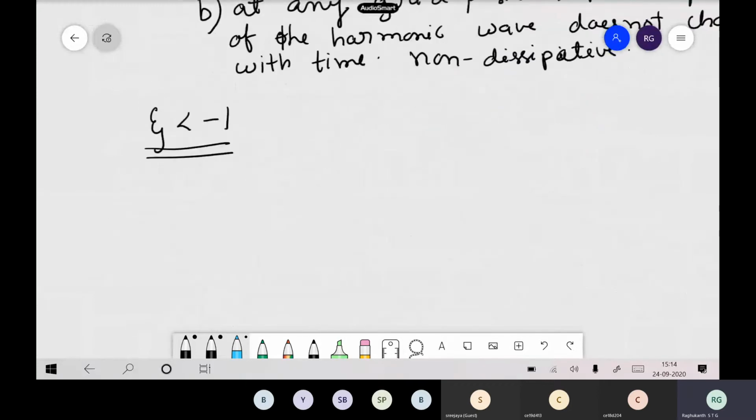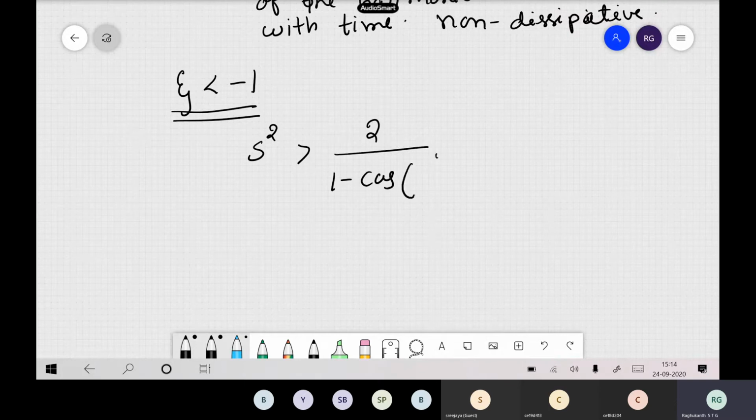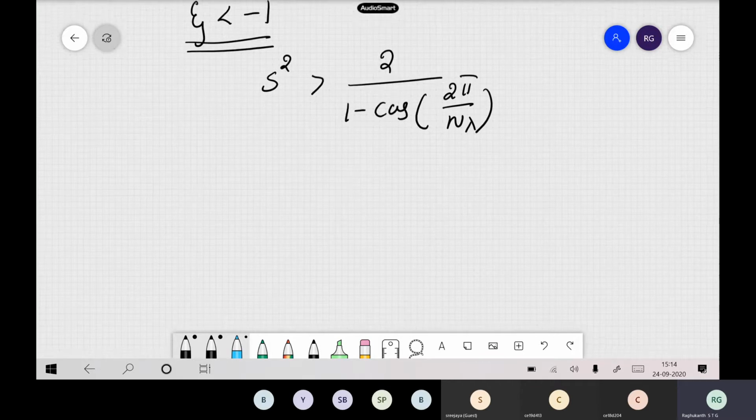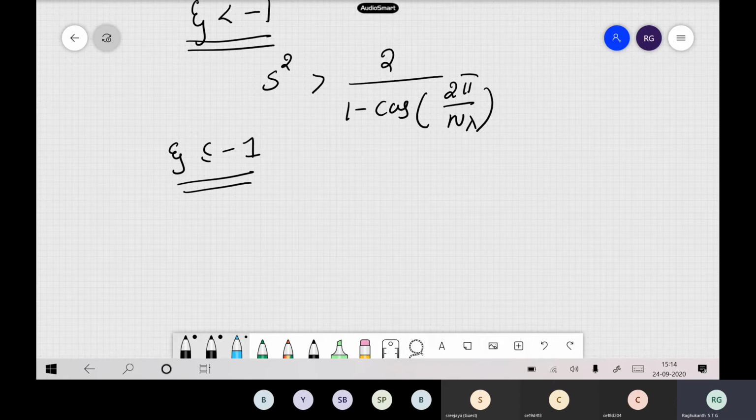Any scheme you see, you will get or not. So now when psi is less than minus 1, which means your s square should be more than 2 by 1 minus cos of 2 pi by n lambda. Okay, so this is our case. So if s satisfies this condition, your psi will be less than or equal to minus 1.